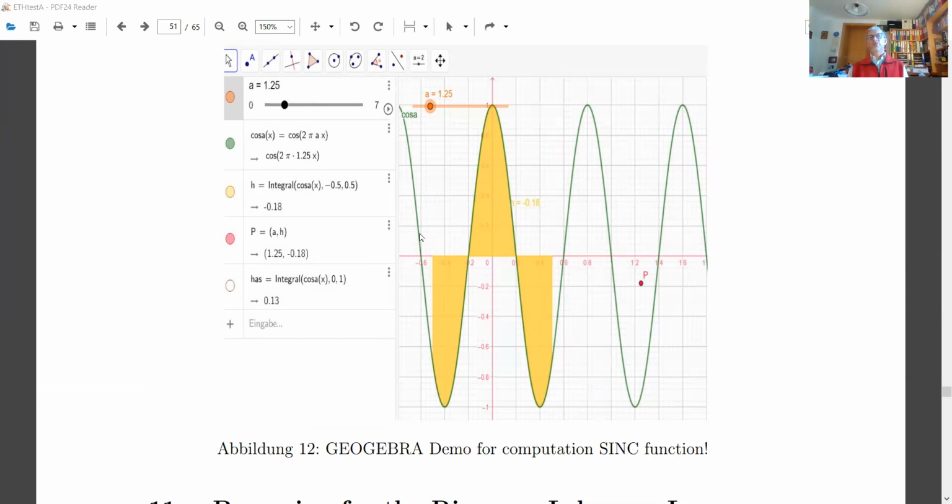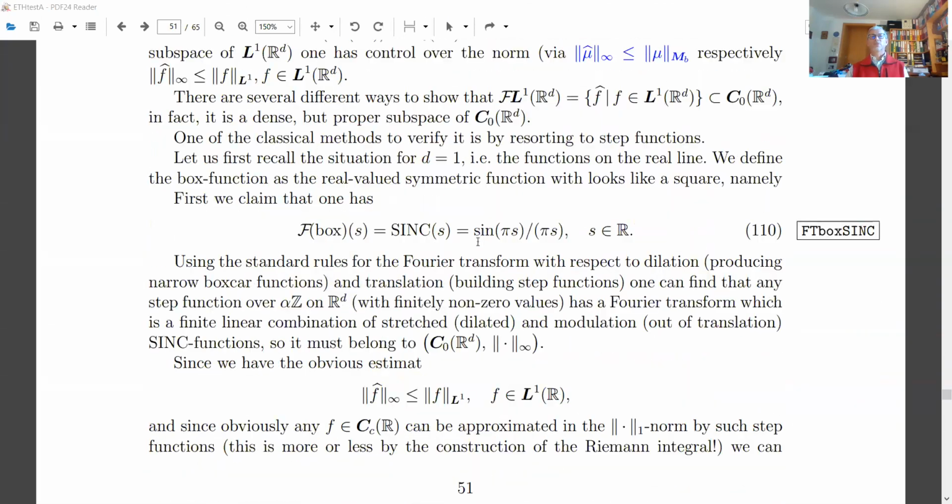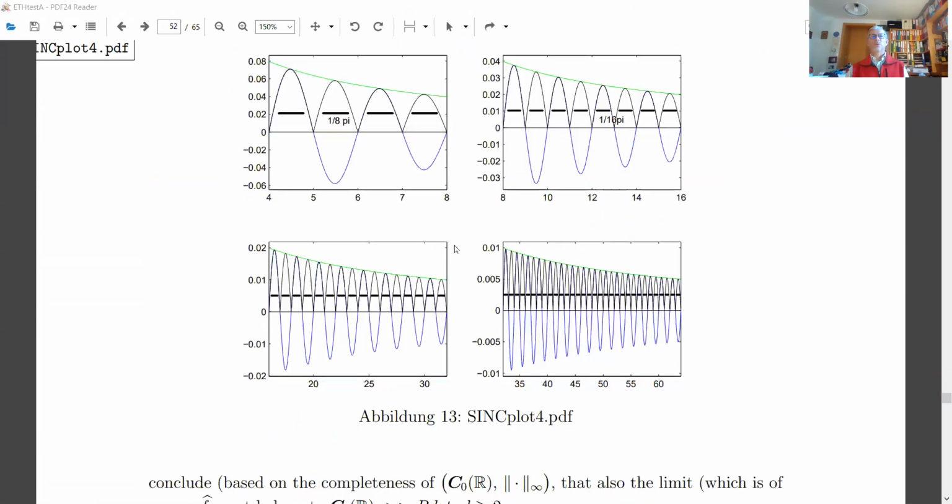If you take an ordinary function which is integrable, so assume the SINC function was integrable, and assume that its inverse Fourier transform is computed almost like the forward Fourier transform. Since it's an even function, the flip operator doesn't matter. So really, the inverse Fourier transform is the forward Fourier transform. And therefore, we would have the claim that the box function is continuous. So it must be a non-integrable function. But I think looking at the graphs of the SINC function is a good argument to understand why it's so bad.